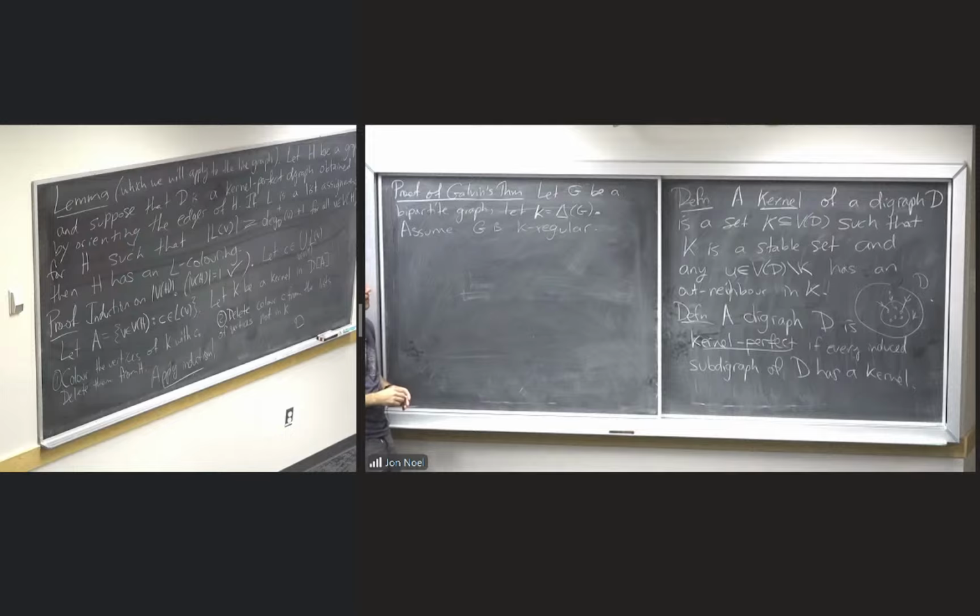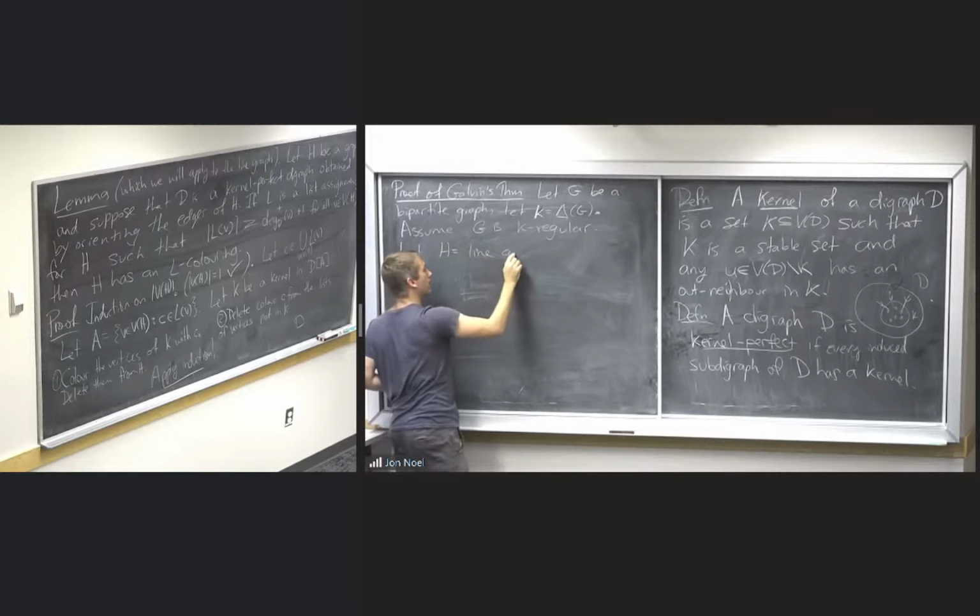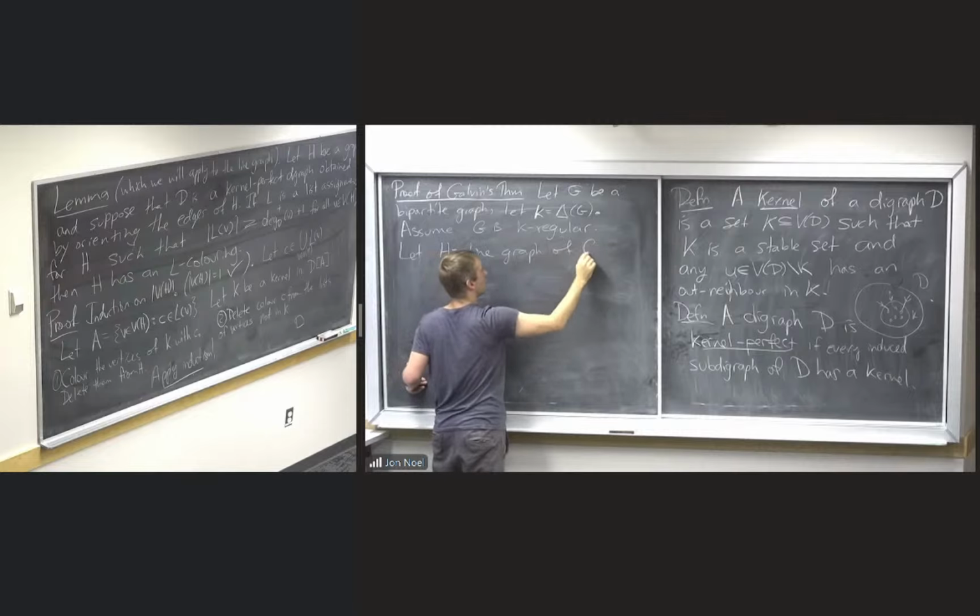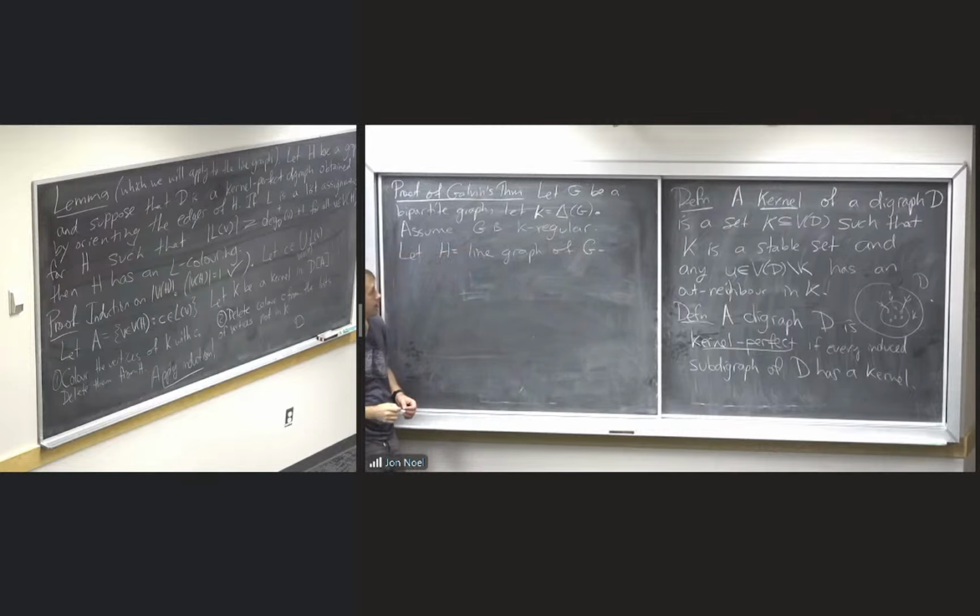Okay. And let's let H be the line graph of G. Actually, the nice thing about this lemma is that at this point, what I want to prove about H has nothing to do with any list assignment anymore.